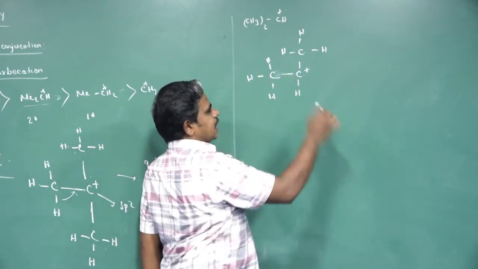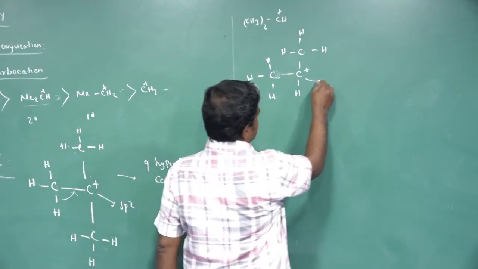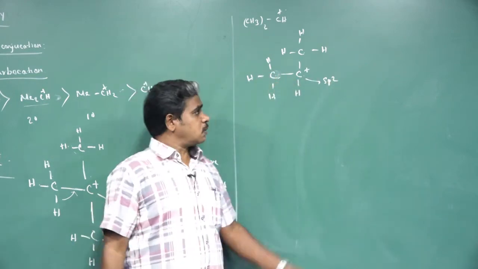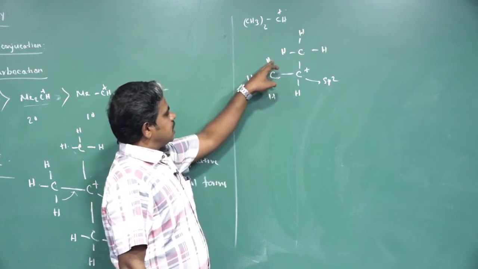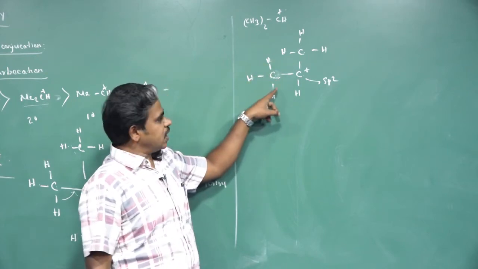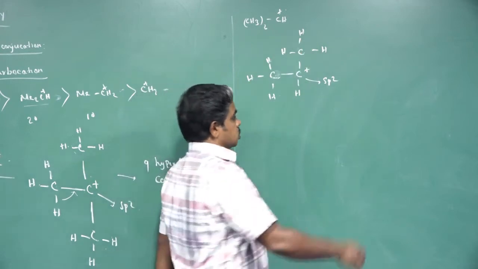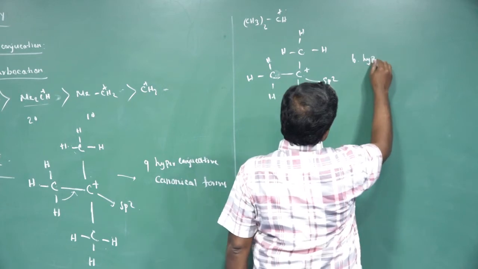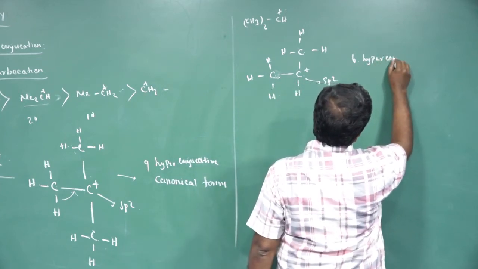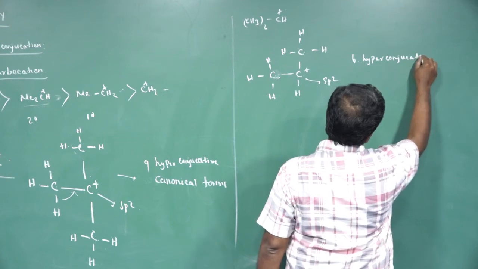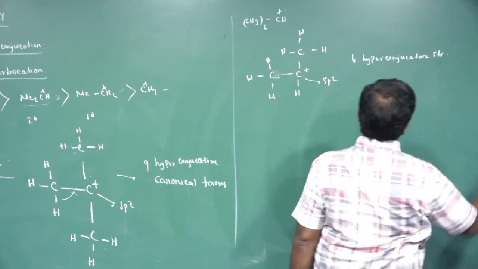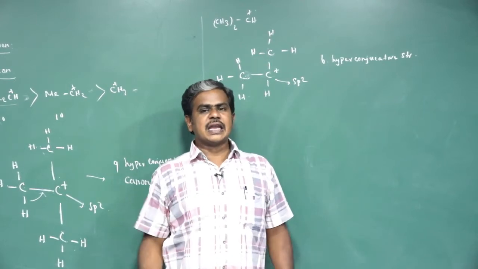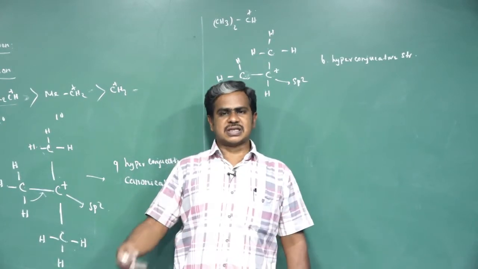So it is the secondary carbocation, and it is sp2 hybridized carbon. Adjacent to the sp2 hybridized carbon there are 3 CH and here 3 CH. So 6 hyperconjugative structures are possible. So if we take tertiary, then we get 9 hyperconjugative structures, which is most stable.